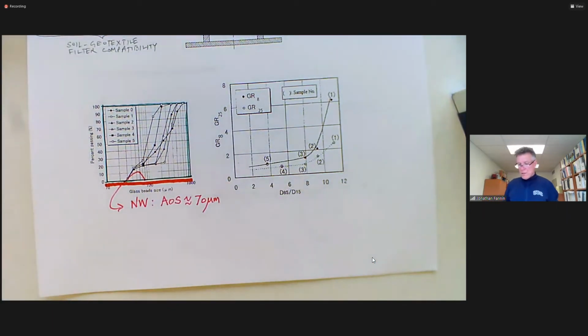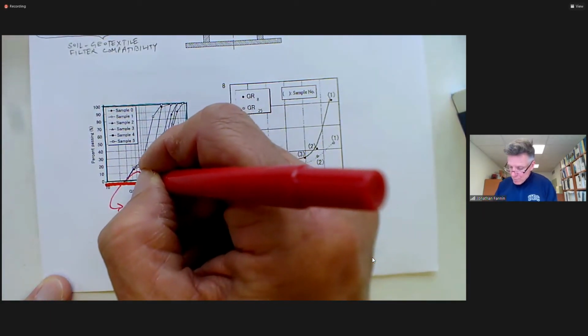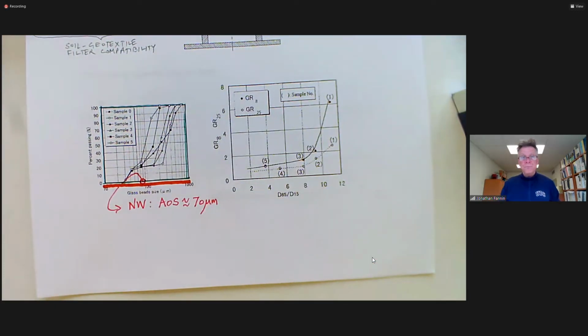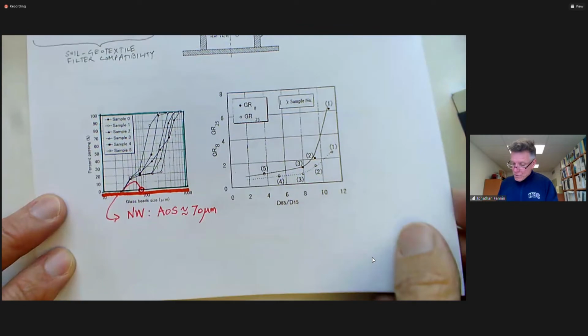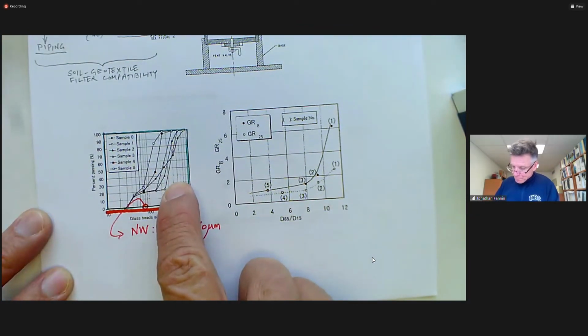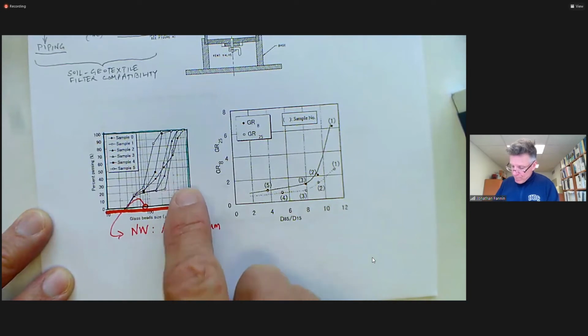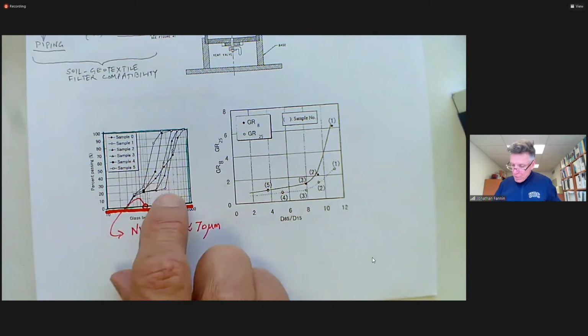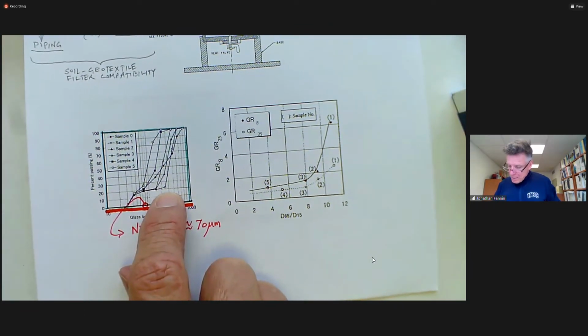The non-woven geotextile has an opening size of about 70 microns. So the soils here become increasingly gap graded as we move across the samples here.